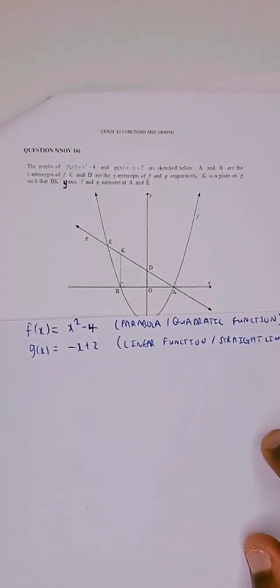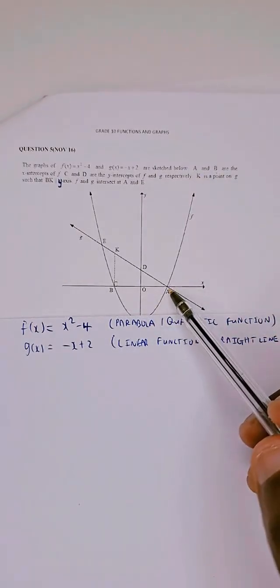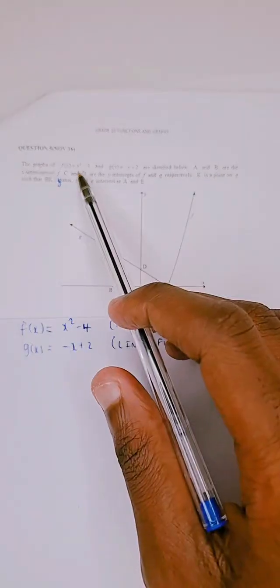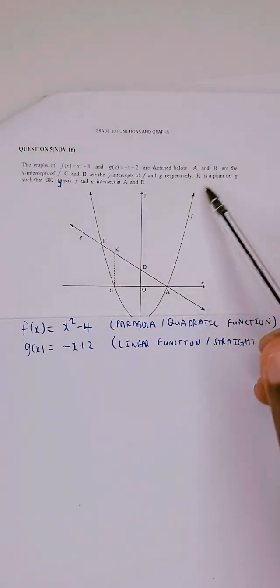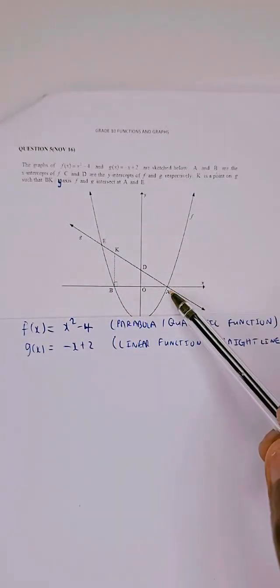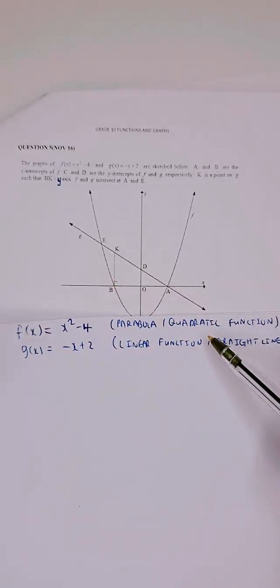Okay. So now we are told A and B, meaning A, there it is, B, there it is. We are told those are x-intercepts of who? Of the function f. So the function f has that x-intercept and that x-intercept. Do you know what x-intercepts are, guys?